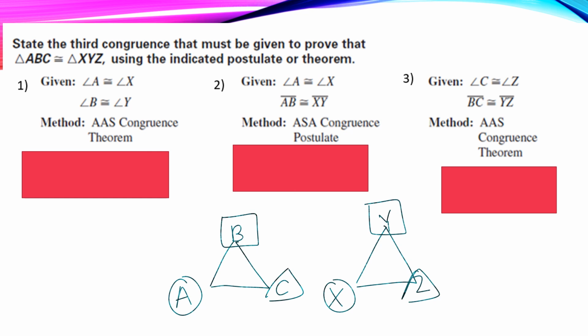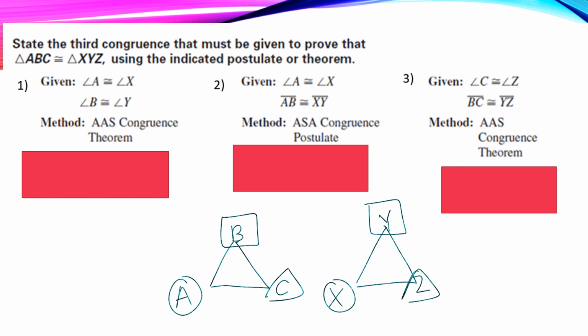Okay, moving on to the next one. So I already drew this picture down here. I would suggest that you draw it on your paper as well, just to help you out. And then obviously I did shapes to help me code out the two.